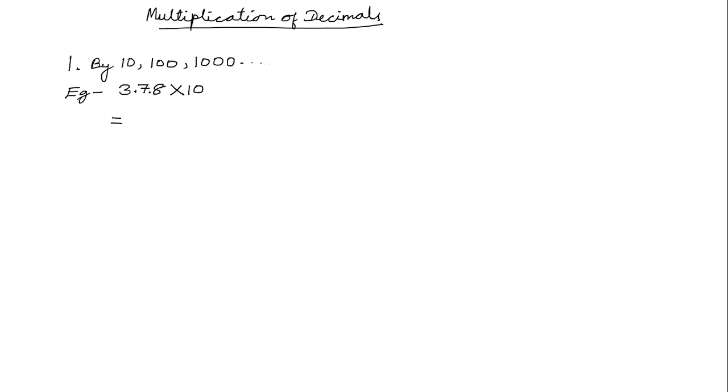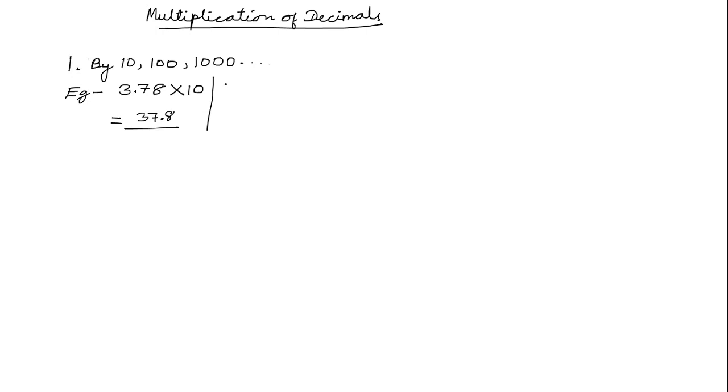So the point will lie here. Now it will become 37.8. So the result is 37.8. See, we don't need to multiply them separately. Directly we can write the answers.